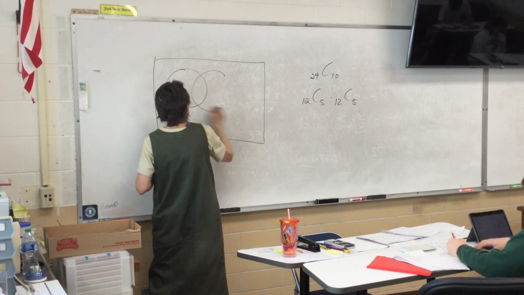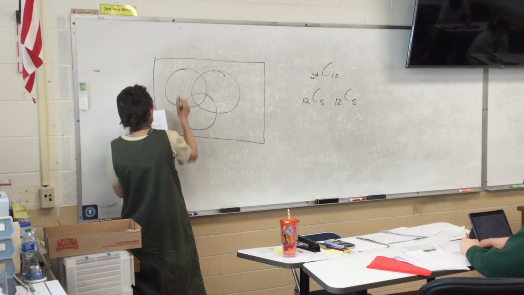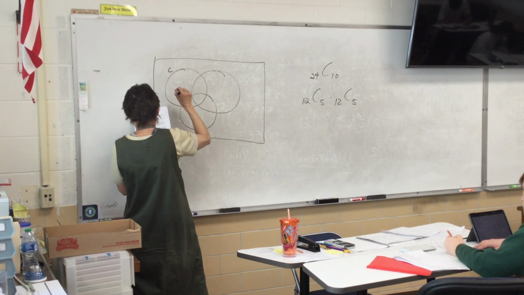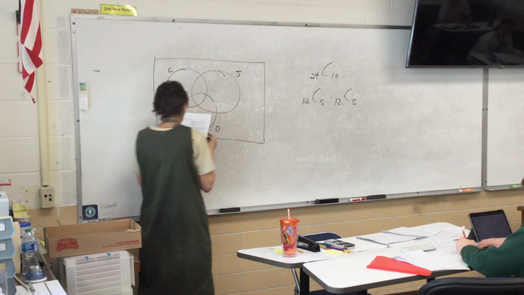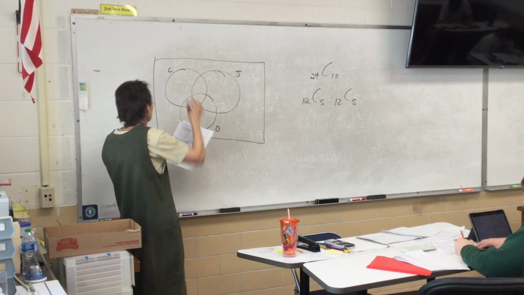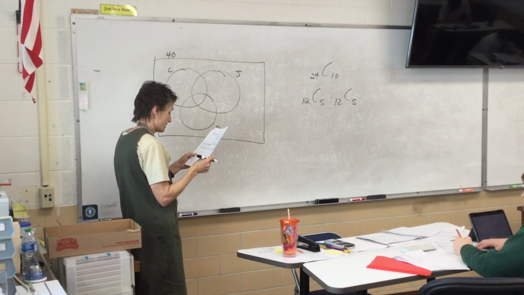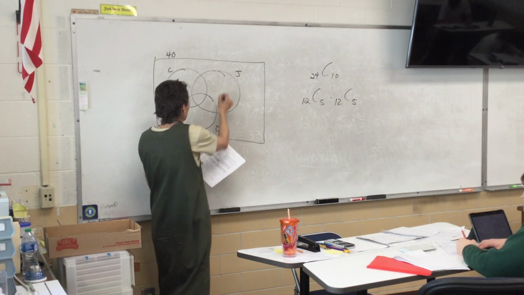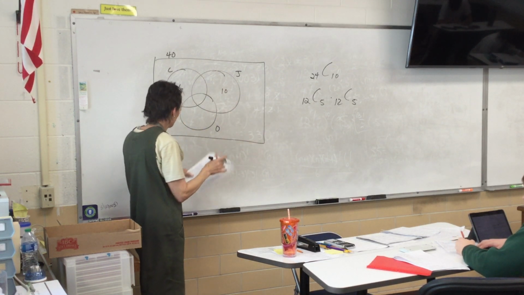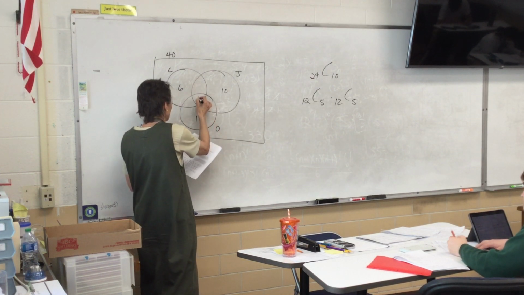So we've got people who like country and jazz and opera, and there's 40 of them. And 6 like only country, 10 like only jazz, and 1 likes only opera. 3 like all 3.